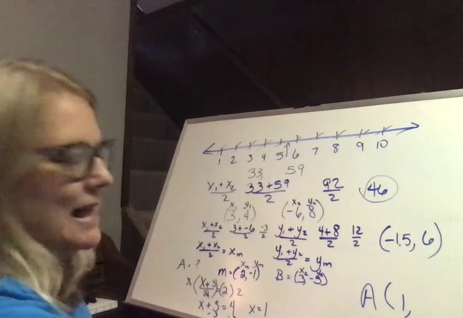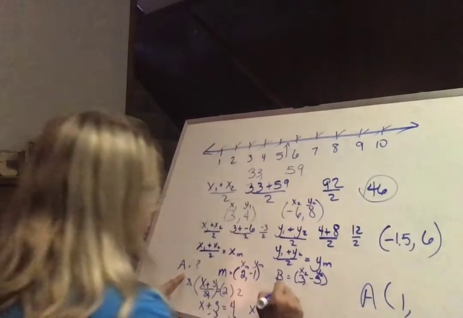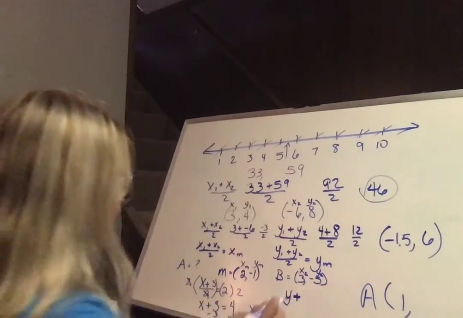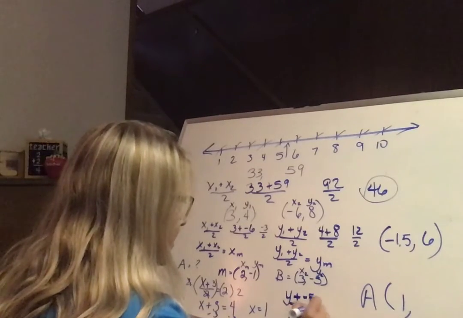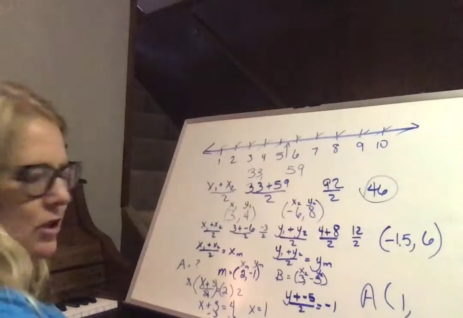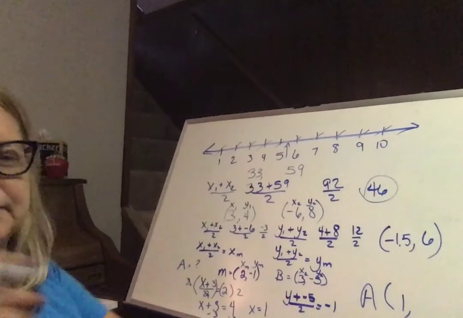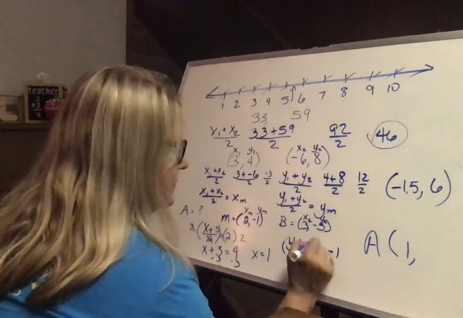Then we do the same type of thing for the y's. We don't know the first y, but we do know the second y, and we know the middle. Similar algebra. How do we get rid of divide by 2? We multiply by 2.